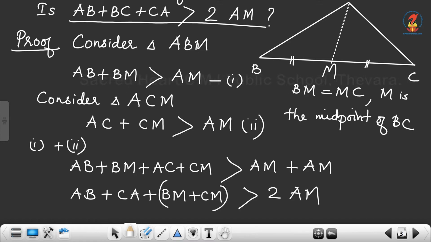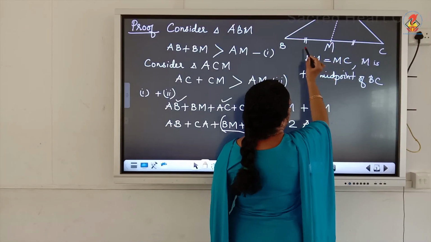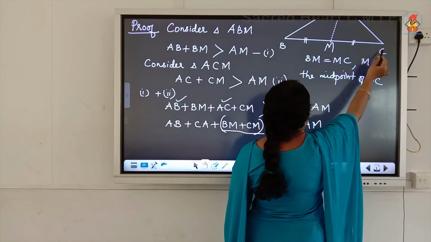Now we have to get this inequality. So in that way we have AB plus, BM and CM we have to write together, then next is AC, which is same as CA, so we will write CA. Now BM plus CM, what is BM plus CM? Look at that, M is the midpoint and BM is equal to CM.